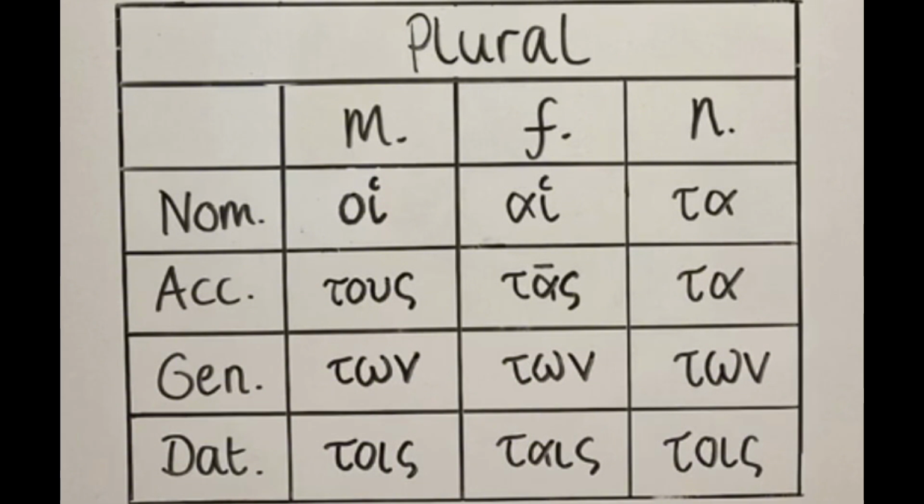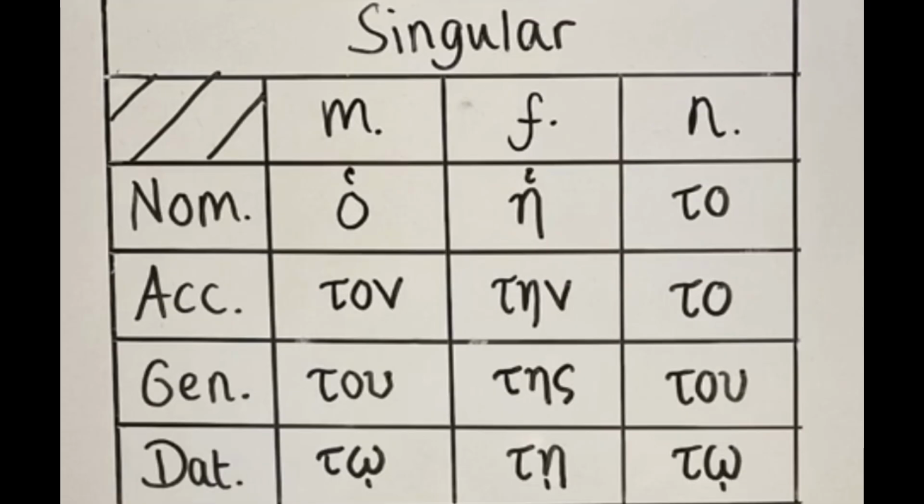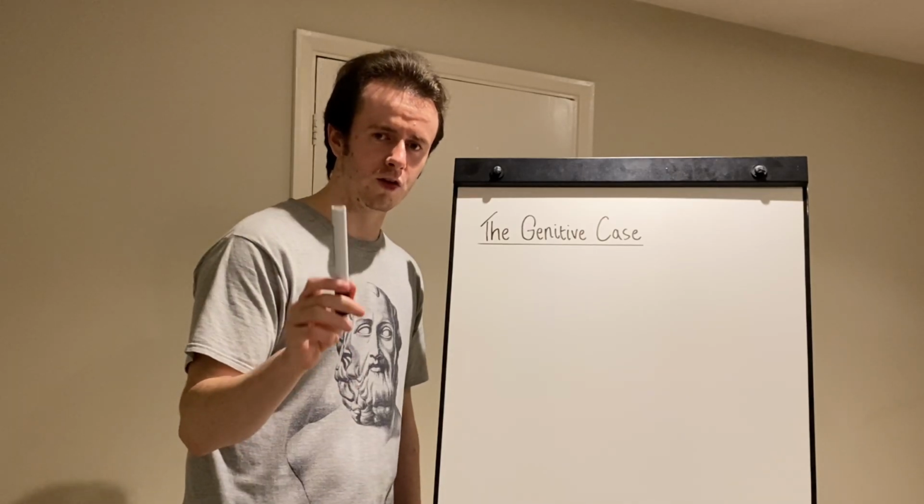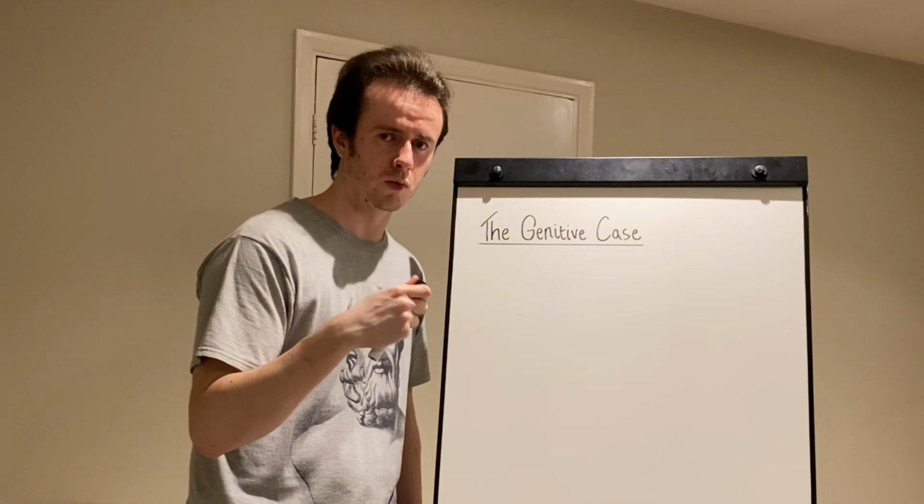You would need the context to determine the gender of tōn, since it's identical in all three genders. And likewise, you would need the context to know the gender of tou, whether it's masculine or neuter. If it's going with a neuter noun, then it's neuter, but if it's going with a masculine noun, then it's masculine. But anyway, please make sure you know all of the forms of the definite article.